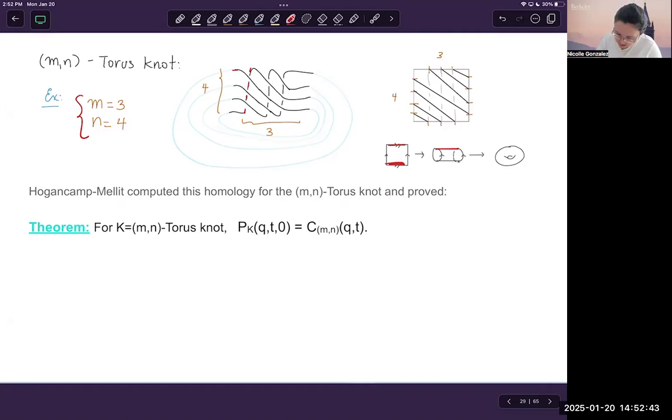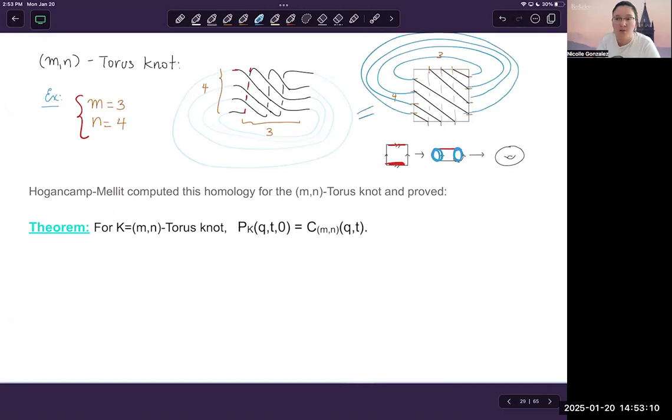And then in the next step, if you glue the cylinder along the edges, you get a donut. And so if you do that with this picture, you glue this guy with this guy, that's how you end up with the back strands identified. And if you glue this side with this side, the end result is that these strands will be identified. You end up with this, which is exactly the same picture as I drew here. It's just a different way of drawing it. So that's why they're called torus knots.